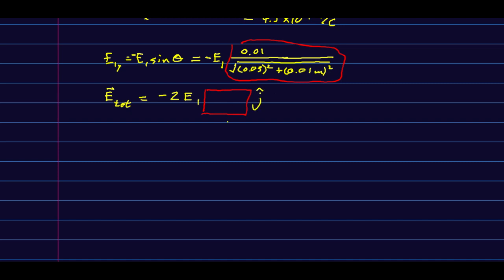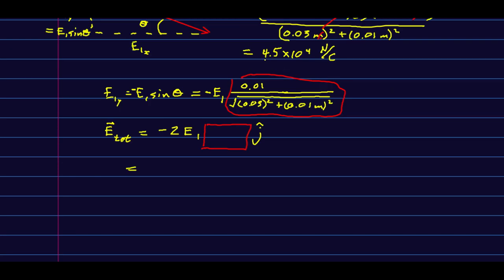That's it. So now we're basically done. You can plug in that 4.5 times 10 to the 4 newtons per coulomb and so on, and you're going to get negative 2.8 times 10 to the 4 newtons per coulomb j hat.